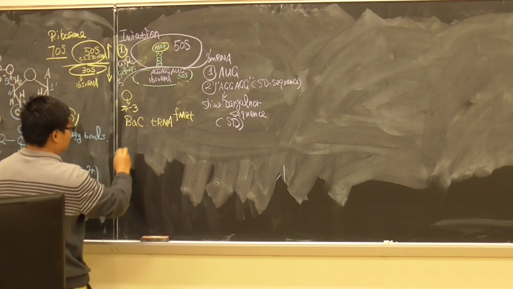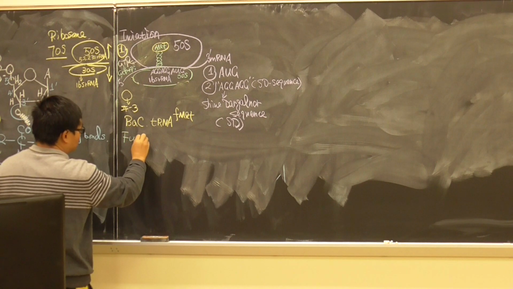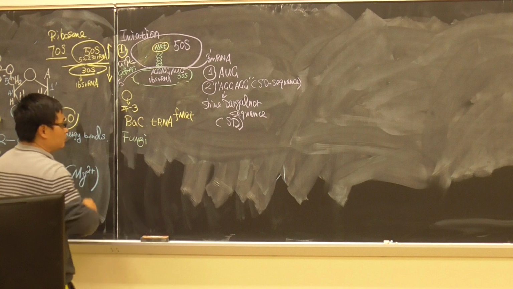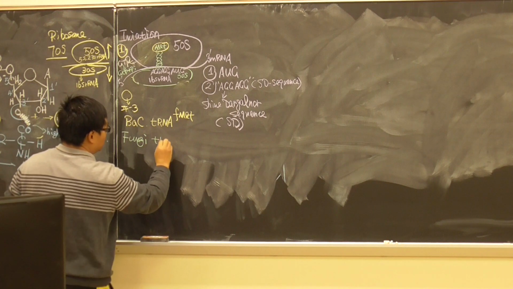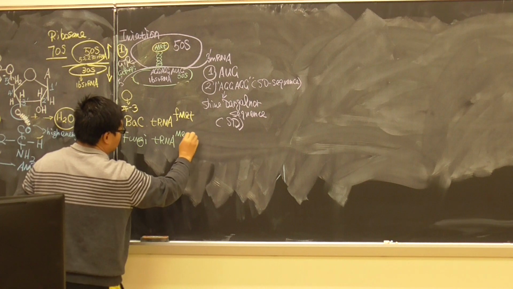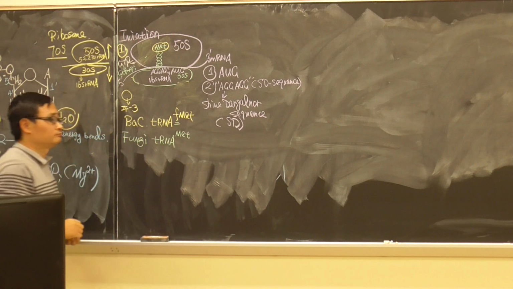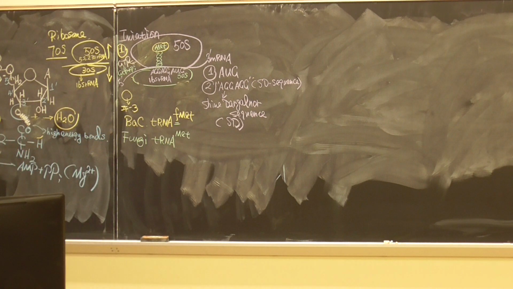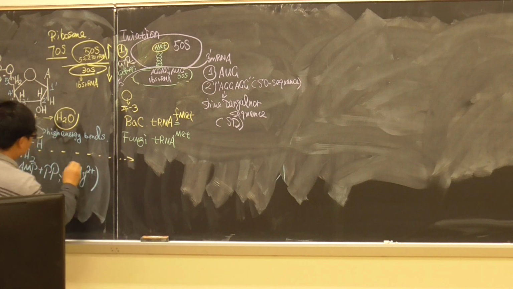If it's a fungus, which means eukaryotes, the first tRNA is carrying MET, no F. So what's that? Right here, the difference is this R. What's the difference of this R? I'll just connect a little bit here.